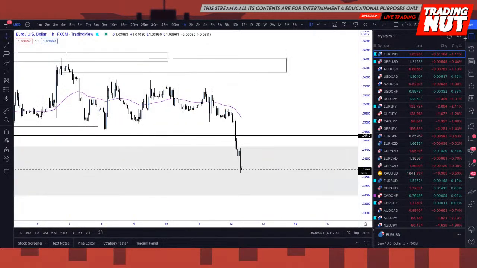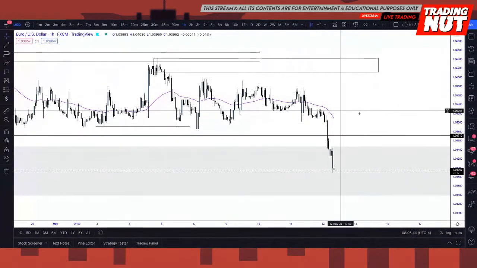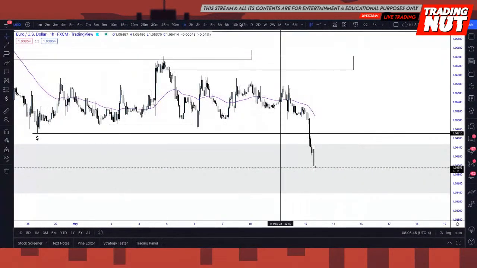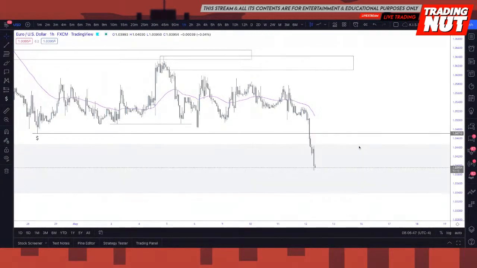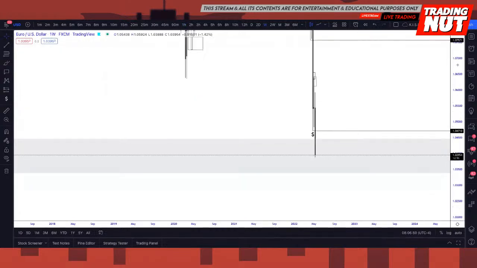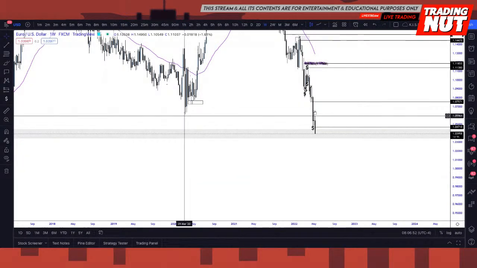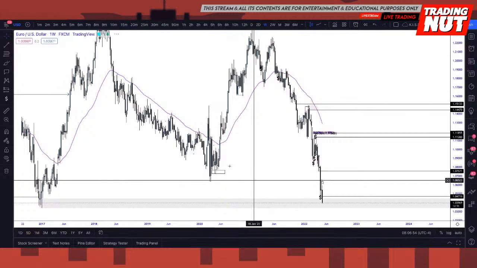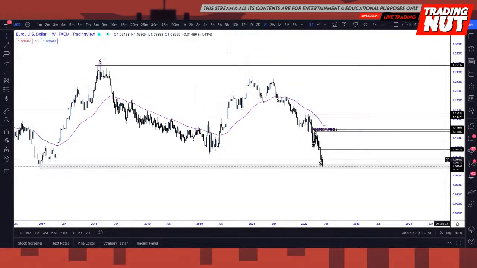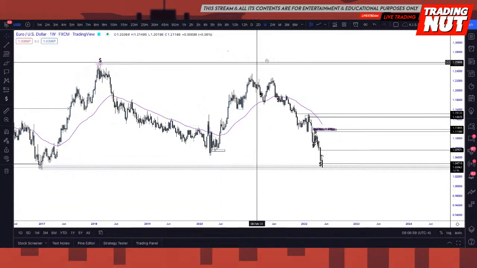Now let's talk a little bit about EU, everyone's favorite pair. If you remember from weeks ago, we talked about this level as not being a valid structure point, because this higher low did not produce a higher high.